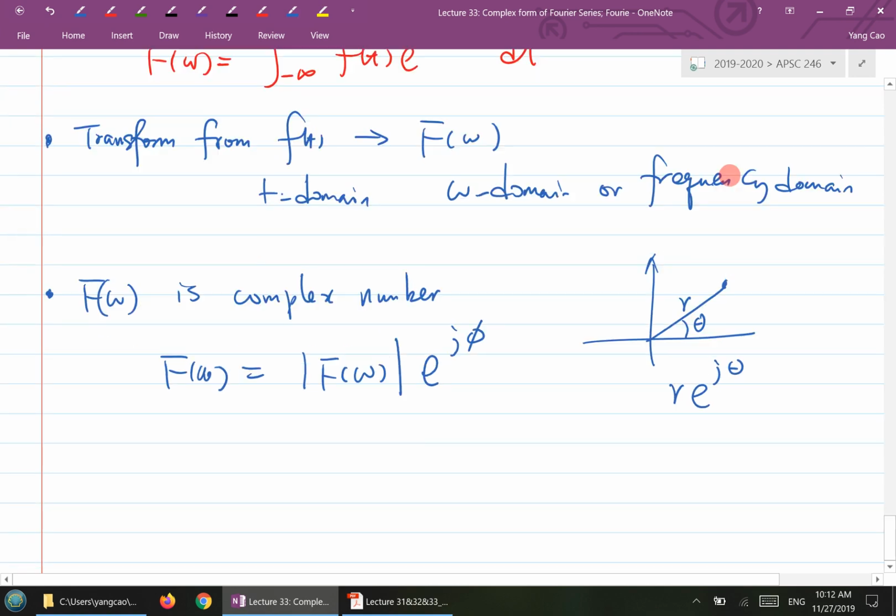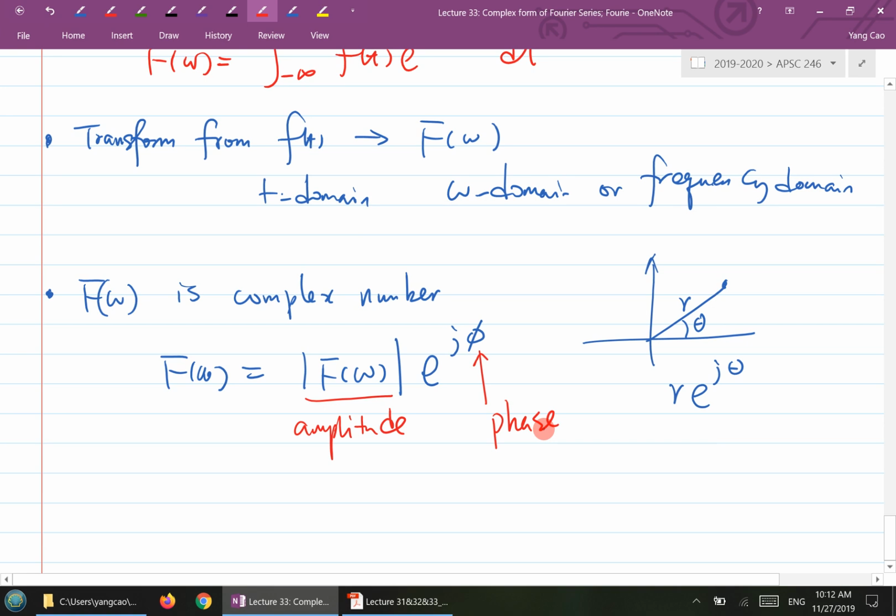So this F of omega that you obtained here is a function that can decompose into two parts. One is this, let's call this the amplitude. And then the other is phi, this is the phase.